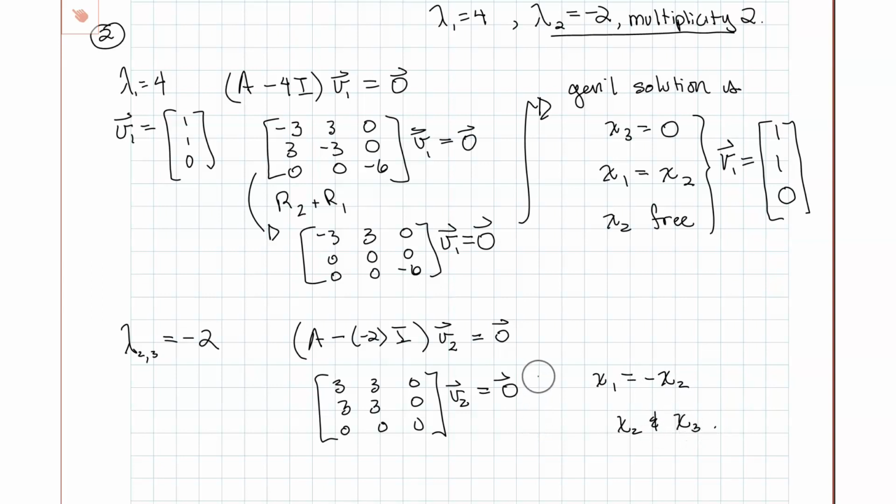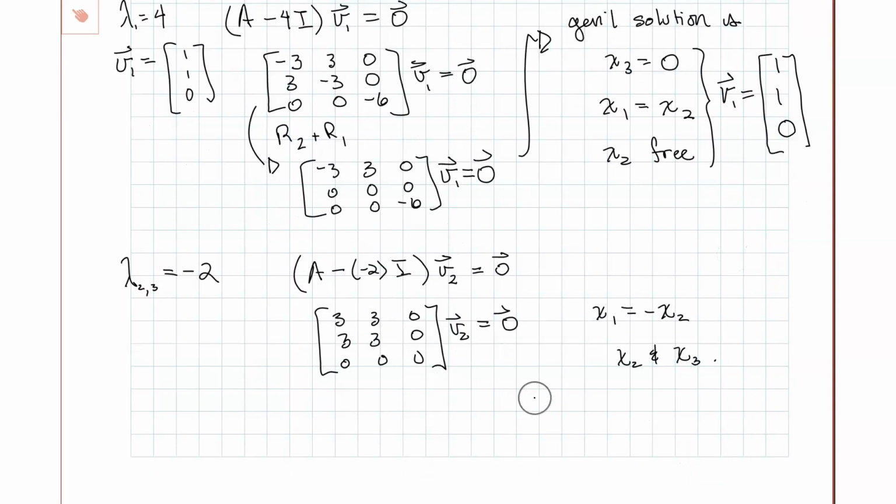So now we have two different parameters that we can play with, right? In the previous case, we just had one free variable x2 and plugged in a 1 for that in order to determine a whole fixed vector. In this case, with lambda equals negative 2, we have two free variables. So let's just write down the general solution first. The general solution looks like minus x2, x2, x3.